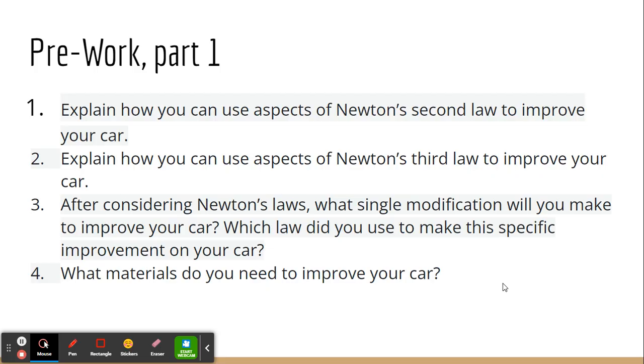So maybe you want to make your car lighter. Okay, so you'll want to swap out your material for the main body of the car. Which law did you use to make this improvement? Tell me I used Newton's second law or I used Newton's third law. In number four, once again, what materials do you need to improve your car? Maybe instead of using a water bottle, you'll want to use cardboard or something like that.